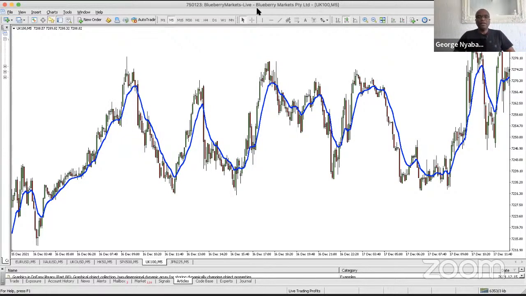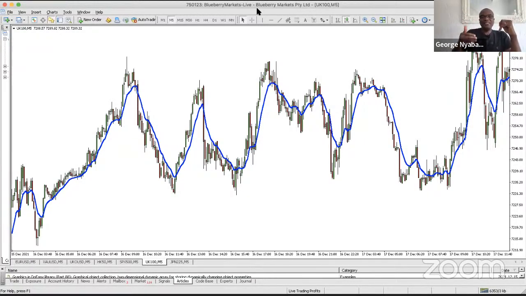If this is my time frame that I'm trading, a 15-minute time frame, that's where I make my decisions. My stop level is determined by the time frame that I'm trading. I'm trading the 15-minute time frame, so that's where I put my stop. So I know my stop is here based on what I'm seeing.